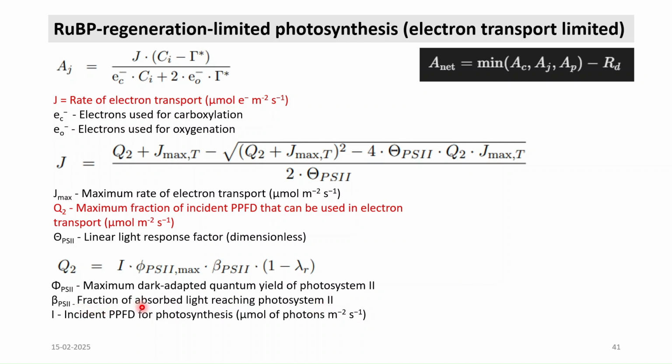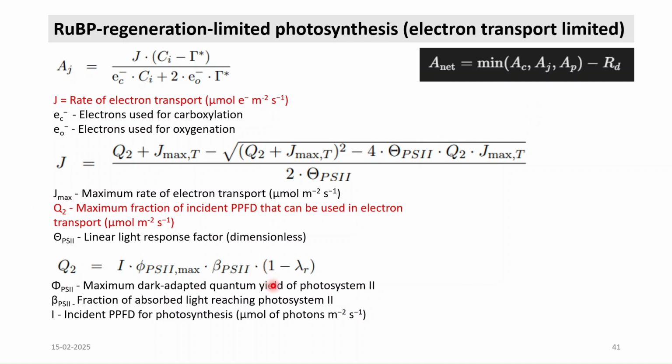So when you multiply these two values into the incident PPFD and the light absorbance, we get this value of Q2. So Q2 is used in this equation. Jmax, I said, is the maximum rate of electron transport. Theta is also the linear light response factor, and Q2 is estimated using this formula.